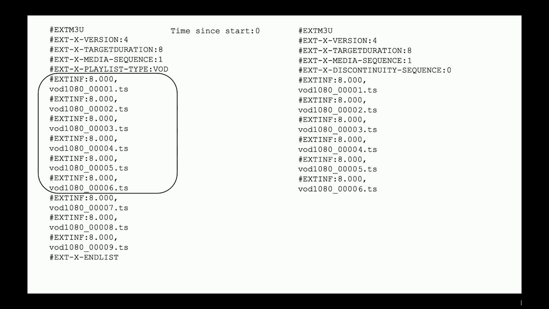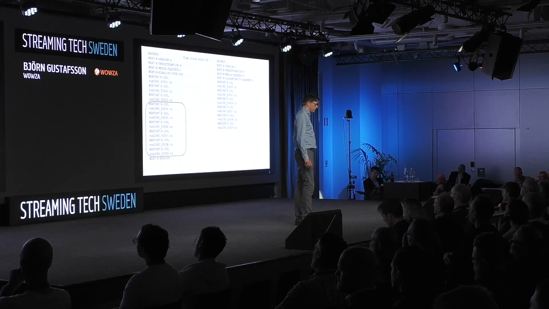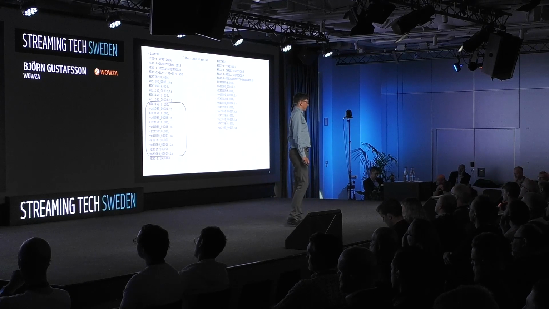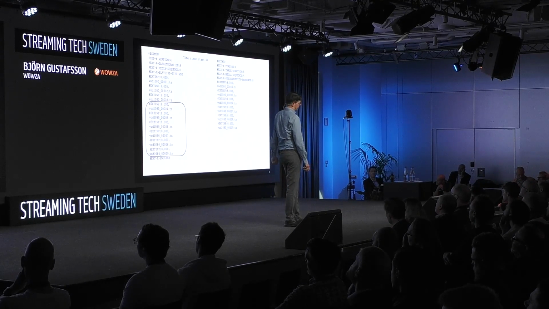So here, at time 0, it's segments 1 through 6, and then if we move along to 8 seconds in, if you ask for the media playlist, you will get 2 through 7, and another 8 seconds in, it is segments 3 to 8. That's because we have 8-second segments, and so on. The playlist changes. And some of you probably picked up that we could easily turn this into DVR if we wanted to, by just adding new segments and not removing the old ones.